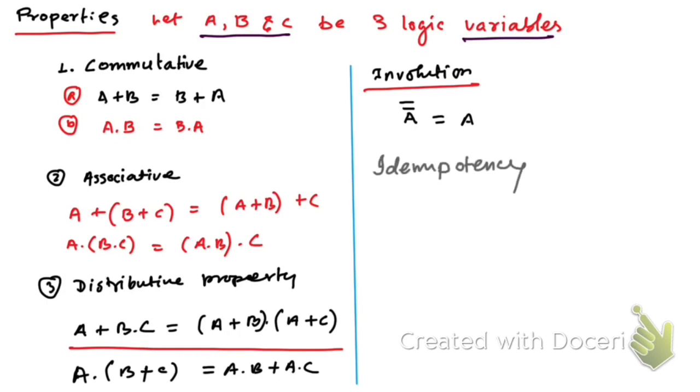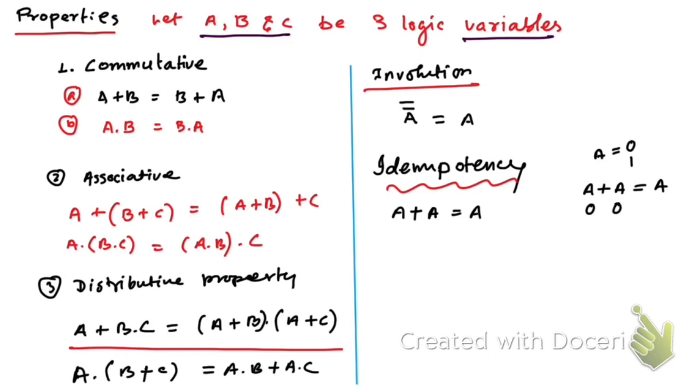Now we're going to have more properties. Here first we have A plus A, that's going to be A. Here plus means the OR gate. So A plus A is going to be A, meaning either you put A equal to 0 or 1, doesn't matter, the result is going to be A. If A is 0, this A will also be 0.